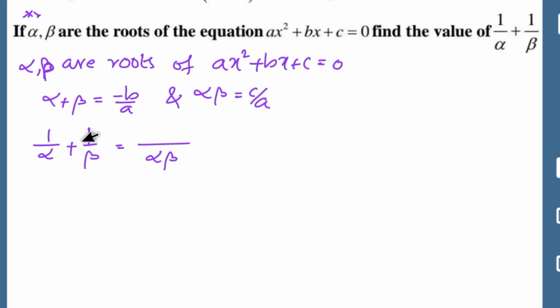So cross multiplication beta plus alpha. So what is alpha plus beta value? Minus b by a. Alpha into beta value c by a. So denominator same, a cancel, answer is minus b by c. So what is the answer? Minus b by c.